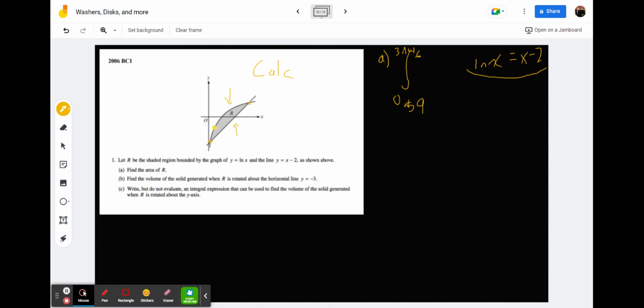Okay, and our higher function is going to be ln x, and we want to subtract our lower function, x minus 2, dx. So I can just plug this into our calculator, from 0.159 to 3.146 of ln x minus x minus 2.